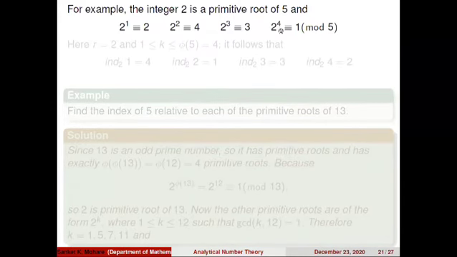Then 2 to the power 4 is 16. The nearest number to 16 divisible by 5 is 15, so 2 to the power 4 is congruent to 1 modulo 5, as 16 minus 1 is 15.